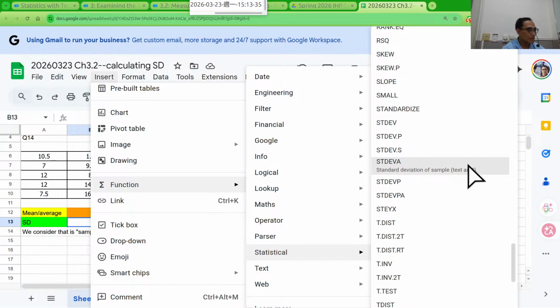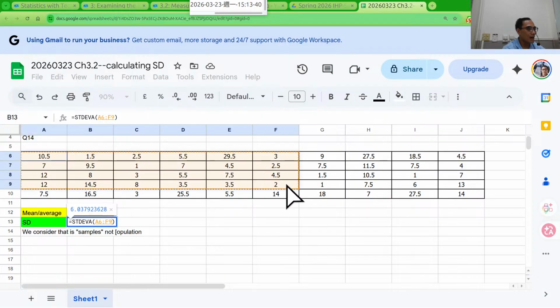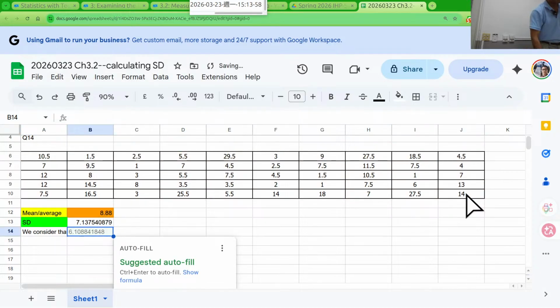Just one click. Then select a range from 10.5 to 14. Then it shows your selection is from A6 to J10. Looks okay. Click enter, you got the answer. The answer is 6.1. No? 7?